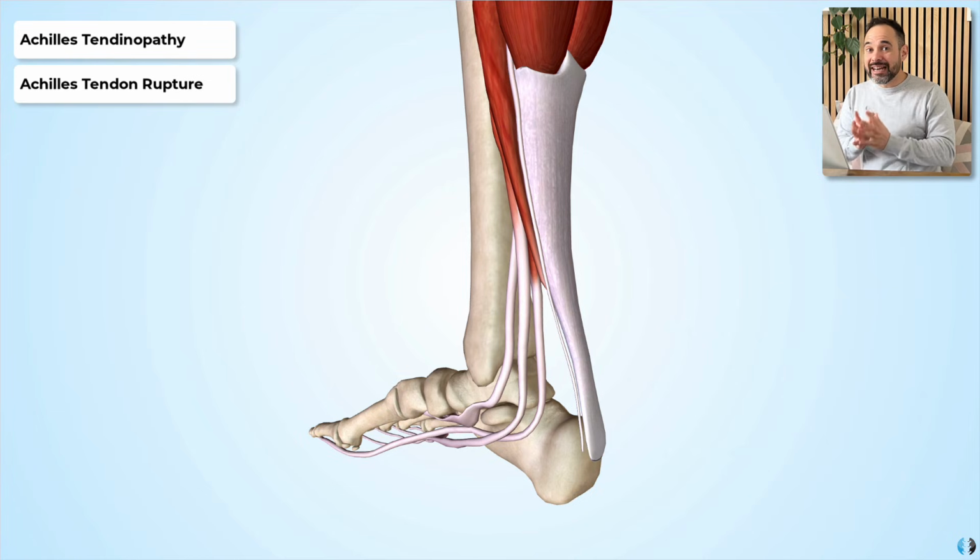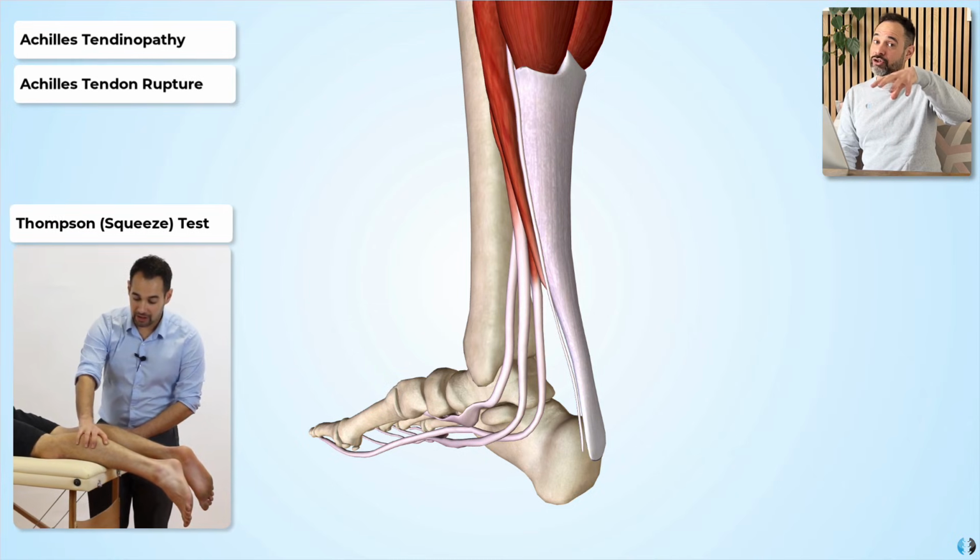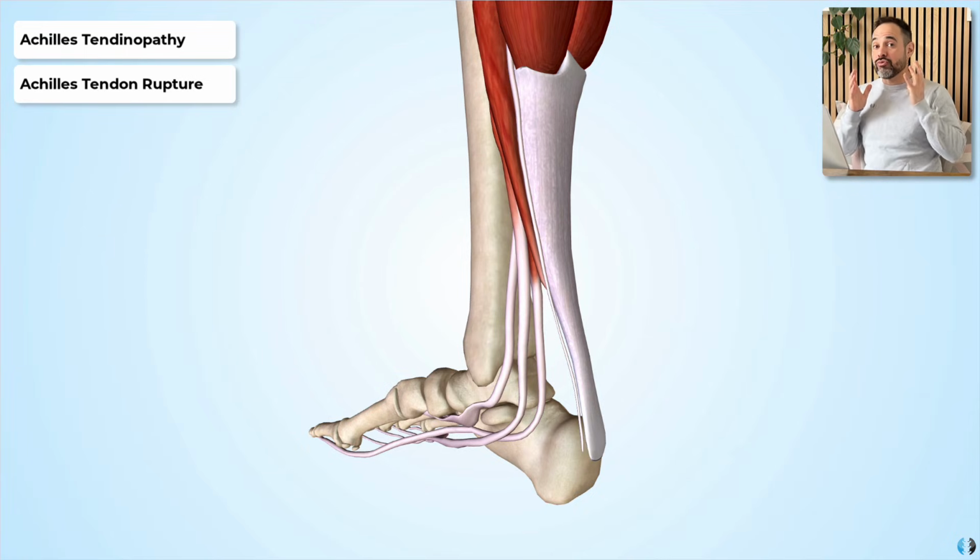However, the other really important condition to consider is an Achilles tendon rupture. So with an Achilles tendon rupture, you will perform a test like the Thompson test or the squeeze test, and if you find that the patient has no movement at all, it may well be that they've ruptured their Achilles tendon. This is really important to detect because it needs urgent management, immediate emergency management, where the foot gets placed into a cast or a plaster of Paris in order to help the tendon to heal and reattach to its points or to join together.